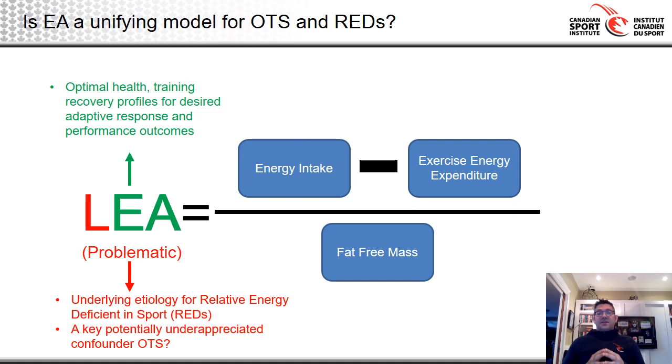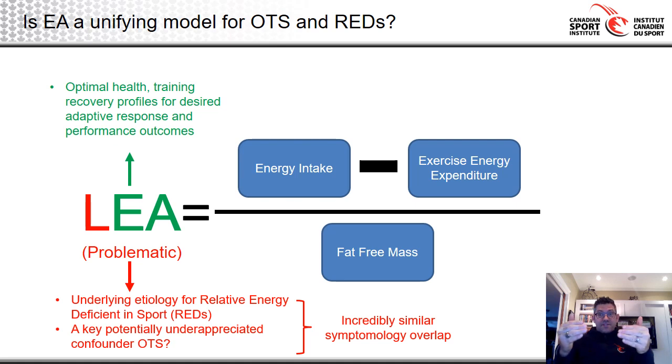And indeed, because the energy availability equation features both energy intake and exercise energy expenditure, there is incredibly similar symptomology overlap. Both of these syndromes can present looking very much the same, but the cause of these two syndromes is different.